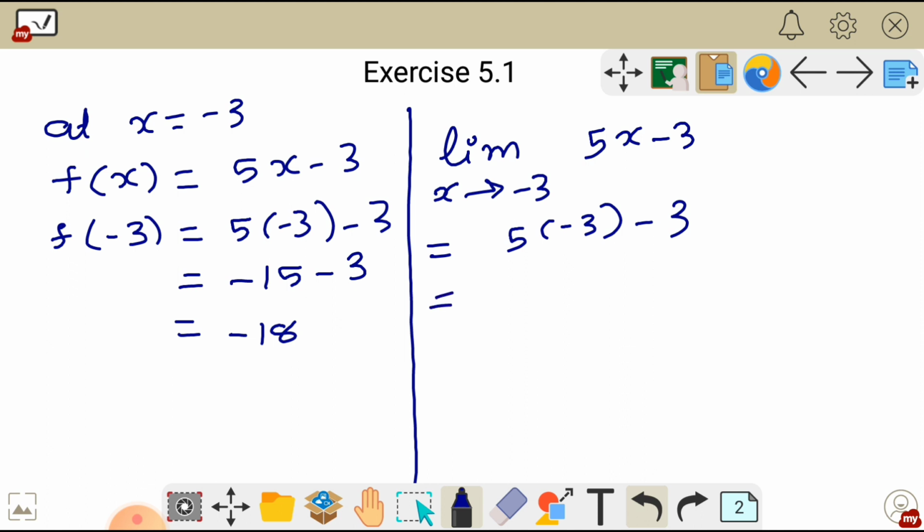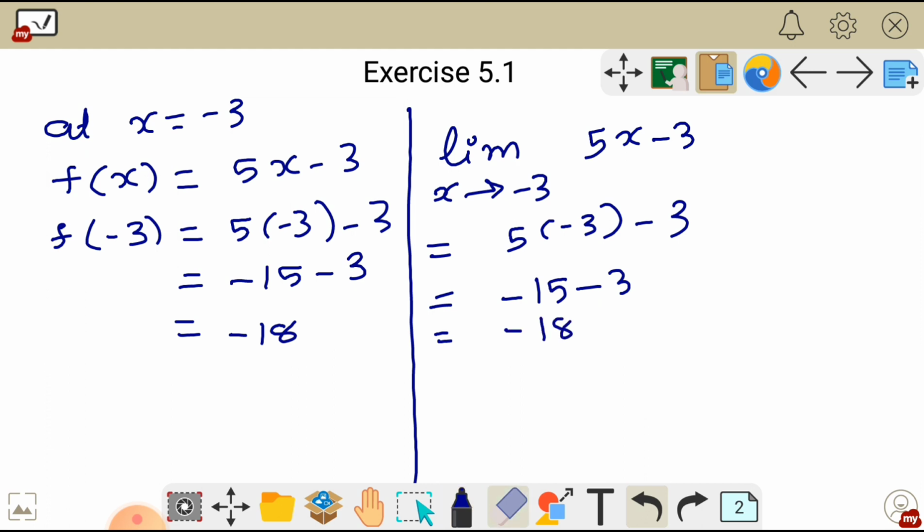Remember, what limit x tends to minus 3 means is that x is going towards minus 3, nearly minus 3, not exactly minus 3. And if x goes towards minus 3, then the function goes towards minus 18. So minus 15 minus 3 equals minus 18.